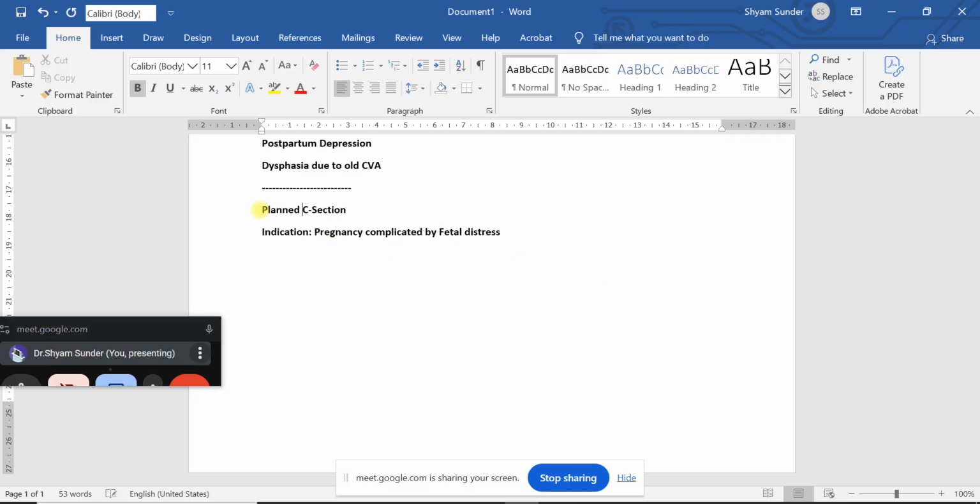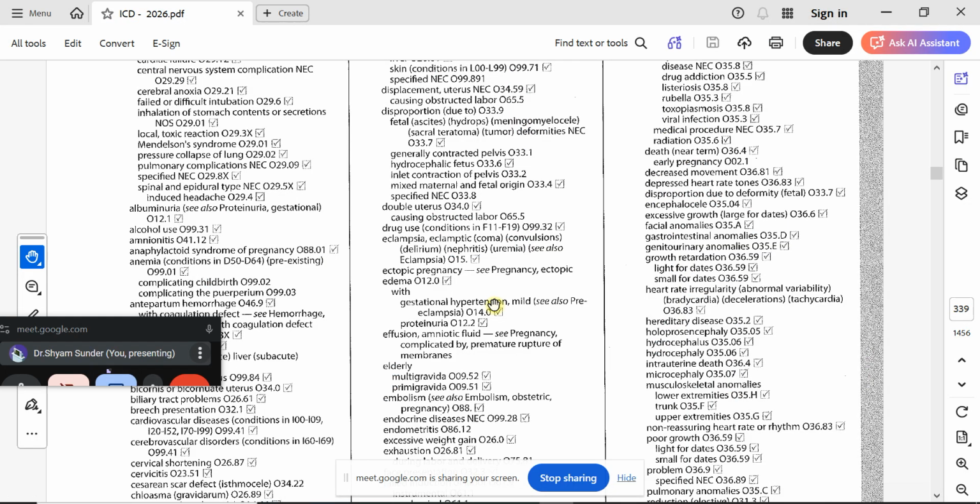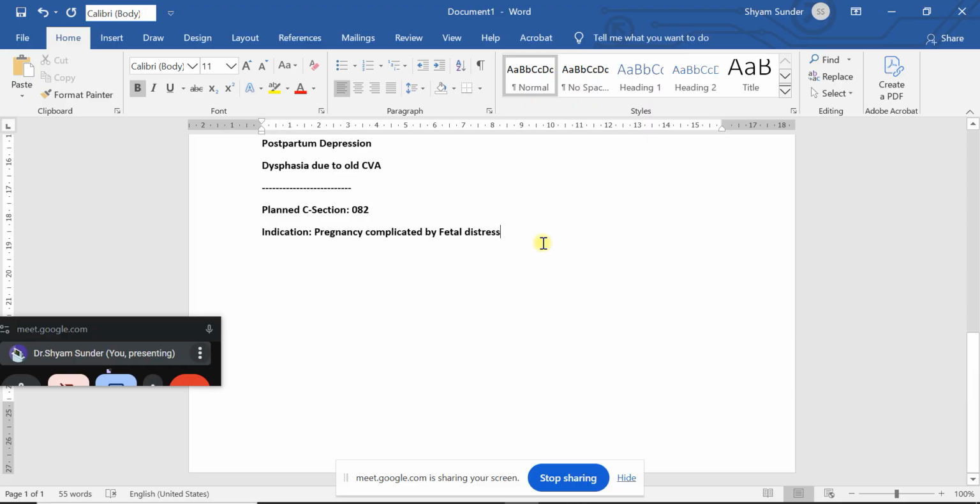But if the C-section is caused by some kind of complication, we have to find the code as per that complication. If there is an indication, we should not use O82. And of course, you have to give the second code, outcome of delivery, Z37.